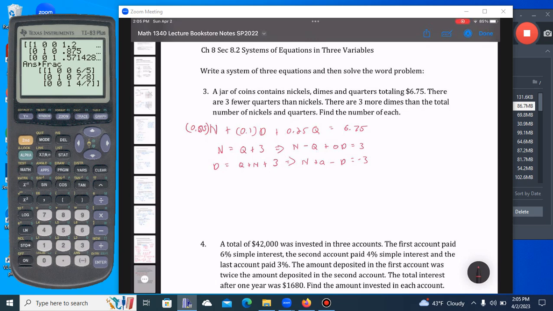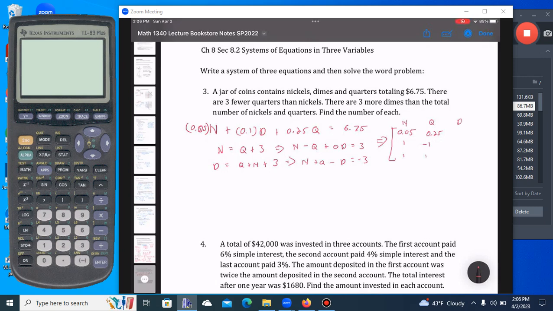Right, so we can write this now as a matrix. 0.05 for your nickel cost, and then 1, 1. This would be nickels. Quarters would be 0.25, and -1 and 1.